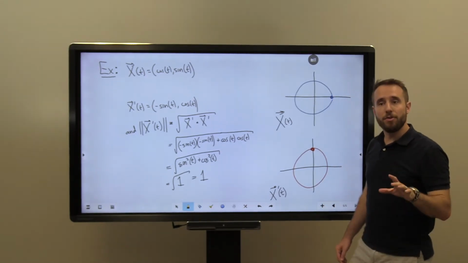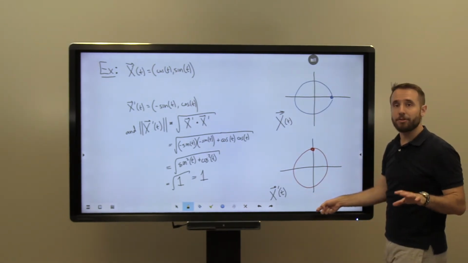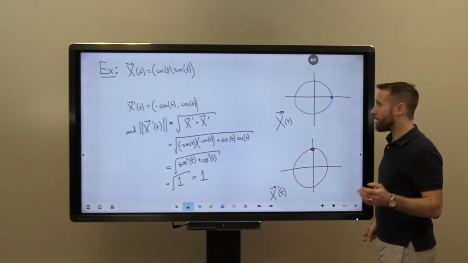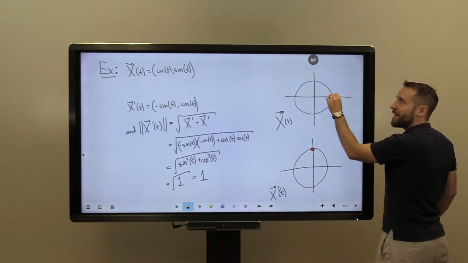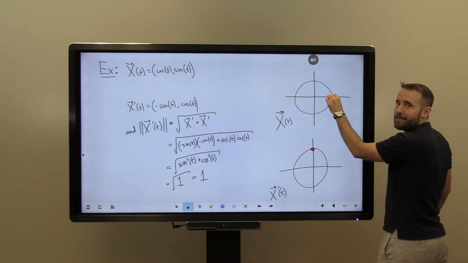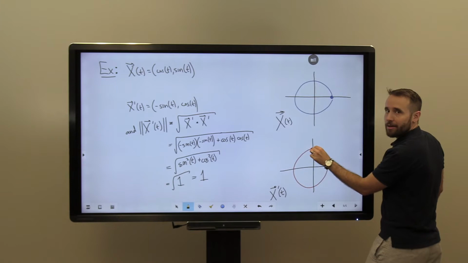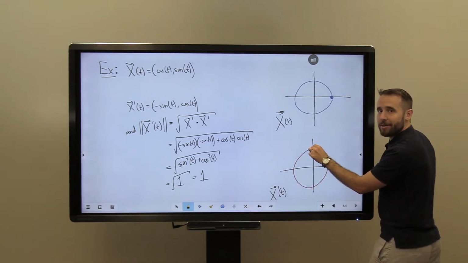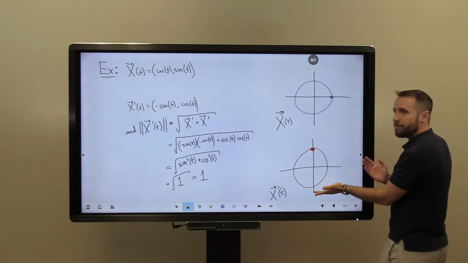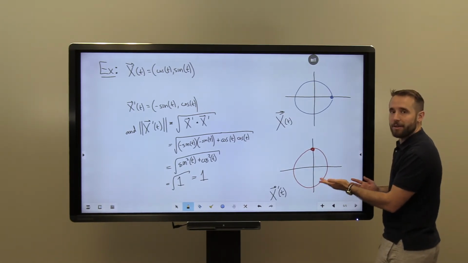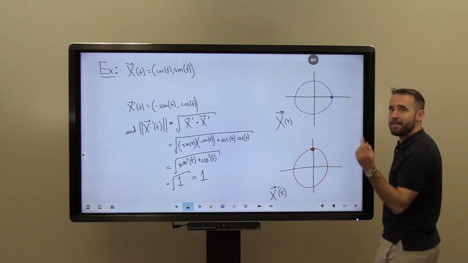Furthermore, we have a new interpretation of our x of t versus x prime of t picture from before. Recall, our x of t, the unit circle, starts here on the x-axis, gets traced out in a positive direction. X prime of t we saw started up here on the y-axis and gets traced out. But what we can see now is that this curve is better interpreted as a velocity vector. To see this, look at the initial moment in time.